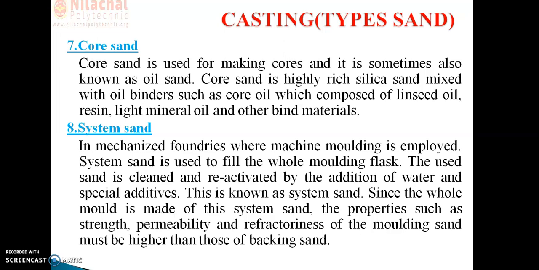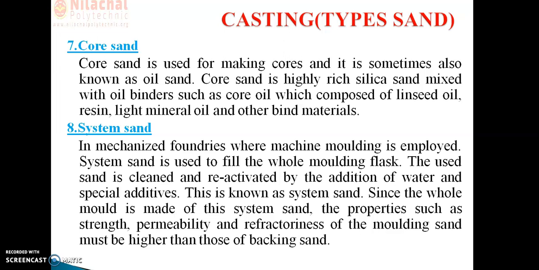Last, let us discuss system sand. The used sand is cleaned and reactivated by the addition of water, binders, or special additives. This is known as system sand. System sand possesses higher strength, permeability and refractoriness than the backing sand.